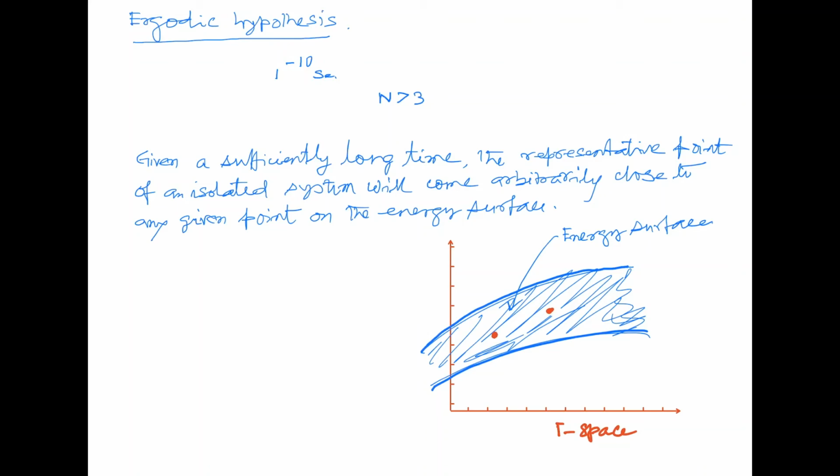If we take this point and give sufficiently long time, then at some point the trajectory of the representative point is such that it comes very close to this point also. So effectively all the points on the energy surface are equally probable to be close to the representative point when we observe the system for a sufficiently long period of time.